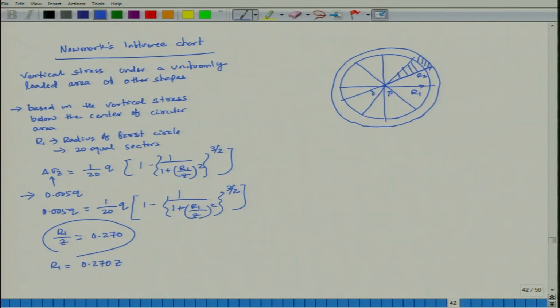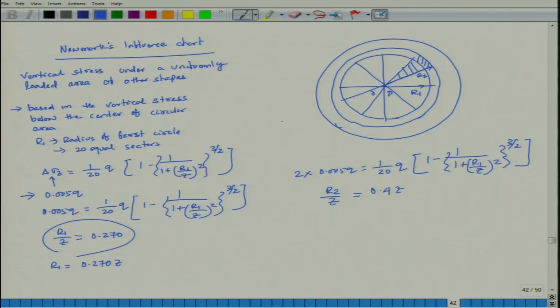If I take the same concept, these two parts will be 2 into 0.005 q, which is equal to 1/20th of q into (1 minus 1 by (1 plus (R2 by Z) whole square) to the power 3 by 2). Then R2 by Z will be 0.4 Z.